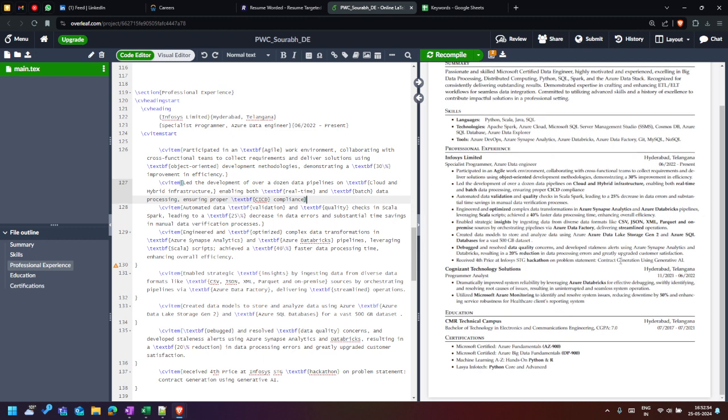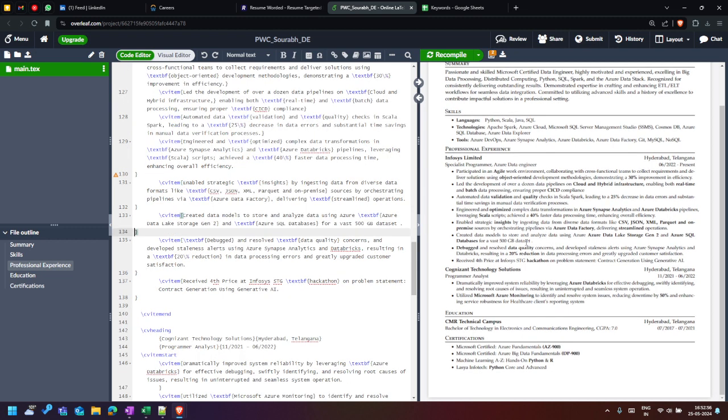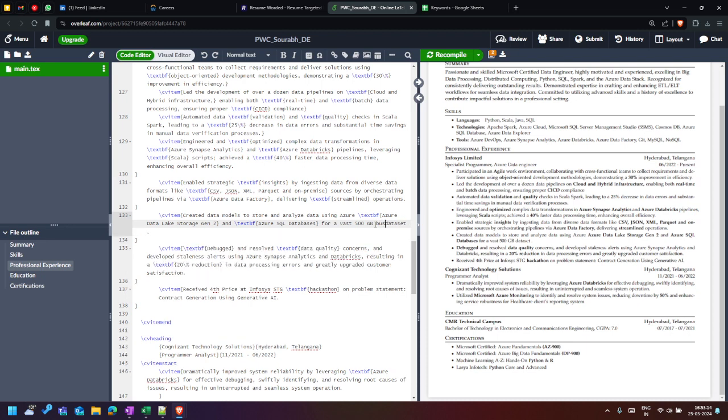For me, I usually like to put business over here. So after inserting it, it should read something like: created data models to store and analyze data using Azure Data Lake Storage and Azure SQL databases for a vast 500 GB business data.